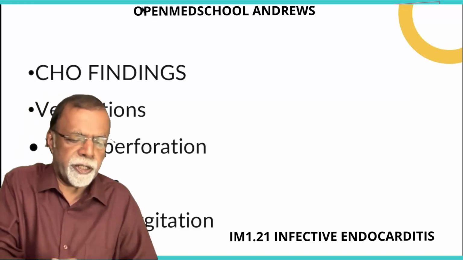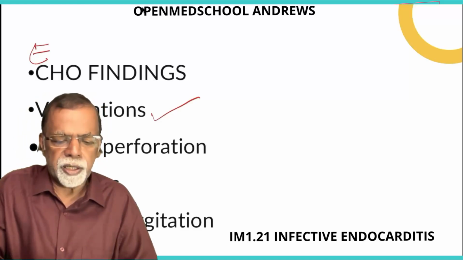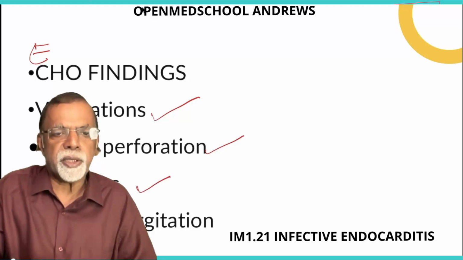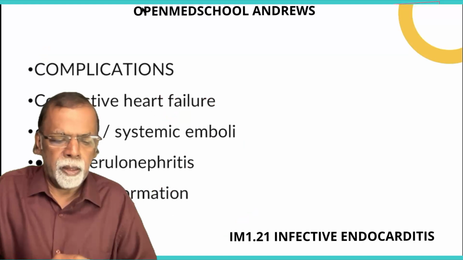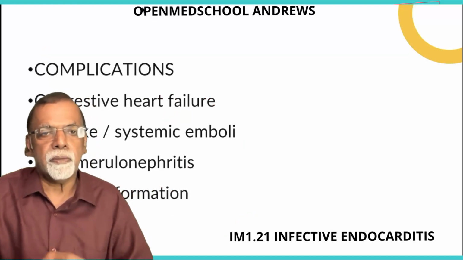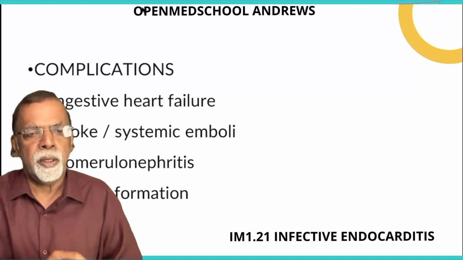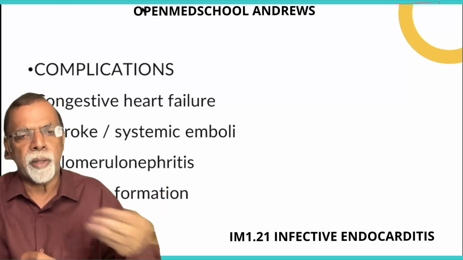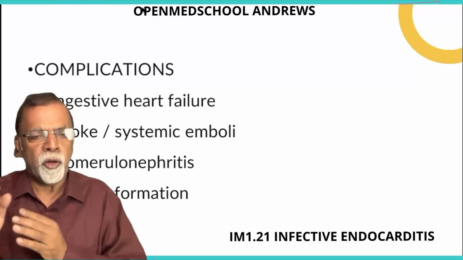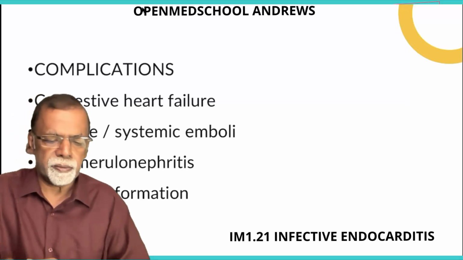The characteristic echo findings are presence of vegetations, valve dilation, valve perforation, valve abscess formation, presence of new regurgitation. What are the complications? I already told that the death is usually due to congestive heart failure. You can develop stroke due to systemic embolization, mycotic aneurysms, immune phenomena, glomerulonephritis. Mycotic aneurysm I already mentioned. You can get abscess formation in various places.